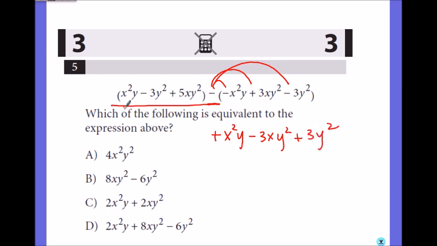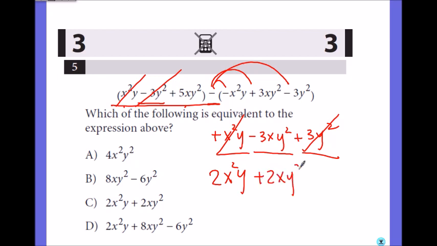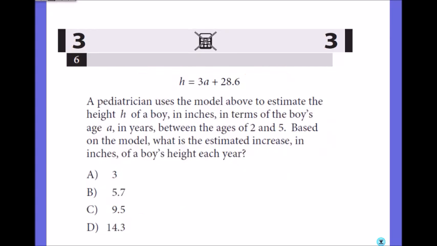So x squared y plus x squared y is 2x squared y. Negative 3y squared plus 3y squared, they cancel out and become 0. 5xy squared minus 3xy squared is positive 2xy squared. You get C for your final answer.